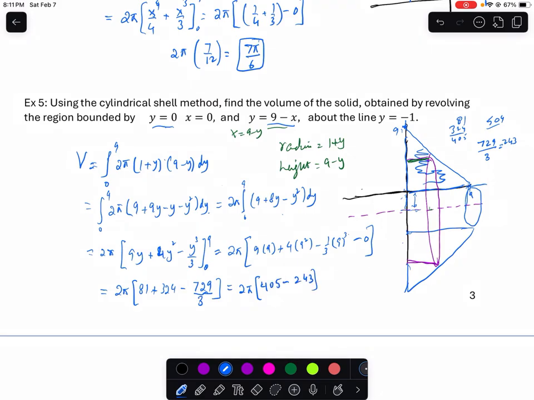So 2 pi times 162. So 324 pi. That will be our answer. So this is how we do these problems with the cylindrical shell.